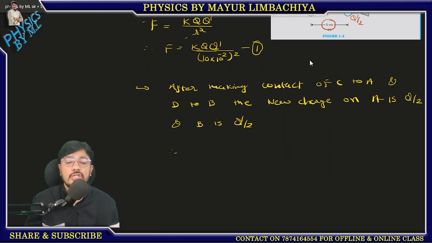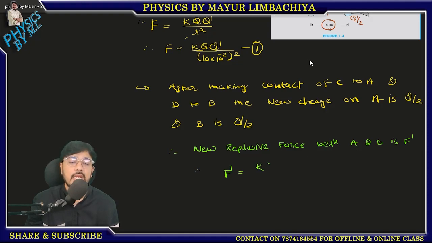So therefore the new repulsive force between A and B, let me take it as F dash. Then what can I write about F dash? F dash is equal to k Q by 2 times Q dash by 2, divided by, now what is the distance between them?